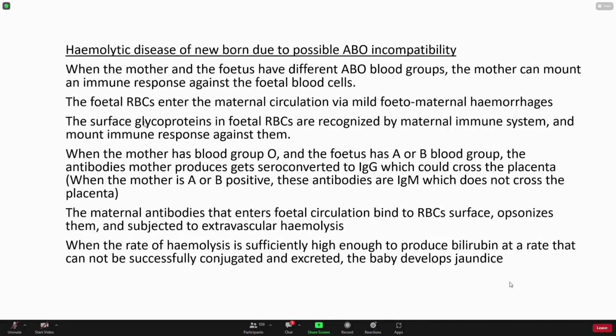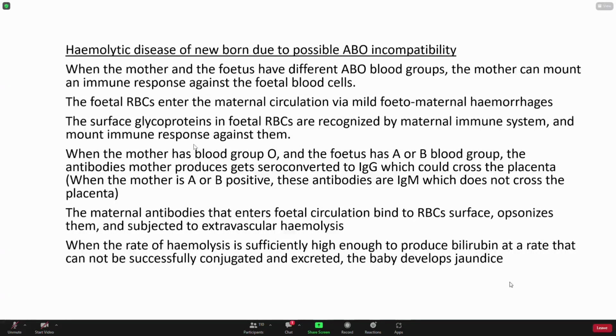So fetal RBCs enter the maternal circulation via feto-maternal hemorrhages. Then you can say the surface glycoproteins on fetal RBCs are recognized by the maternal immune system, which mounts immune responses against them. These are a bit funny words you can put, right? These are not things that you don't know, but the only thing is they don't just come.